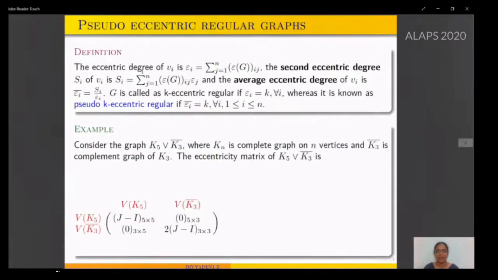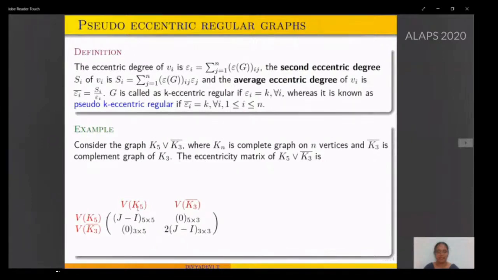For that, consider this example: the join of the complete graph on 5 vertices and the complement of the complete graph on 3 vertices. The corresponding eccentricity matrix is given here.